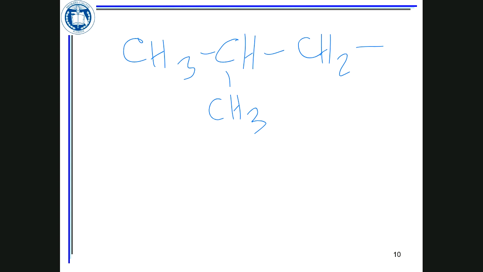Isn't that sec-butyl? I'm going to name this isobutyl. I would draw the sec-butyl on this slide so you can compare it. So this is an isobutyl, attached from the first carbon. This is a primary carbon, meaning attached to one other carbon.